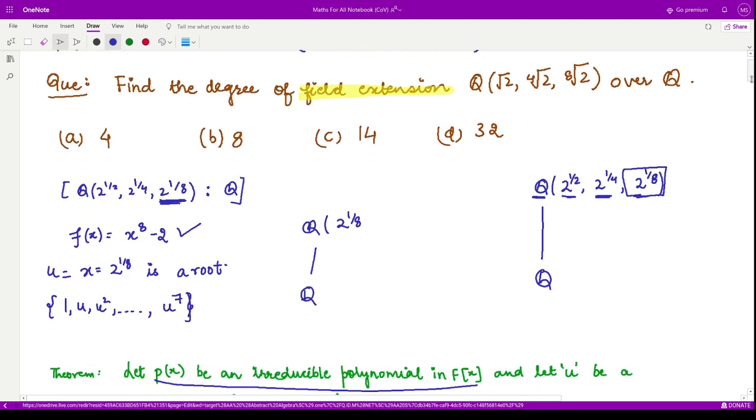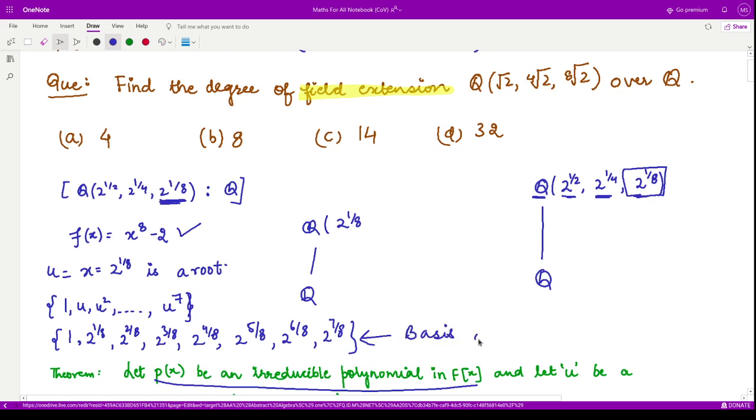So what do we get? We get 1, 2 to the power 1/8, 2 to the power 2/8, 2 to the power 3/8, 2 to the power 4/8, up to 2 to the power 7/8. These all elements form the basis set of this field Q, where 2 to the power 1/8 has been adjoined to it.